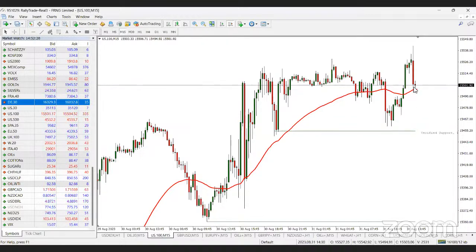But if instead of closing below this place, it closes bullish and gives me two bullish candles above my 50-period moving average, at that point in time, I will look out for a buy, and my take profit will be before the closest resistance.